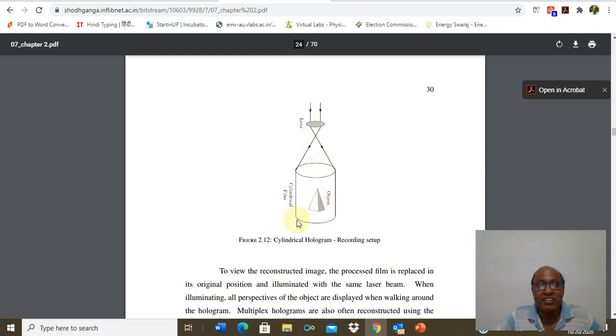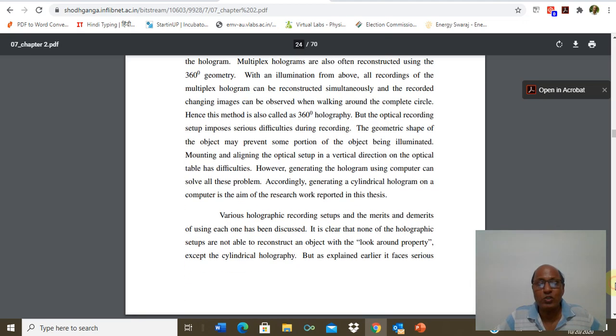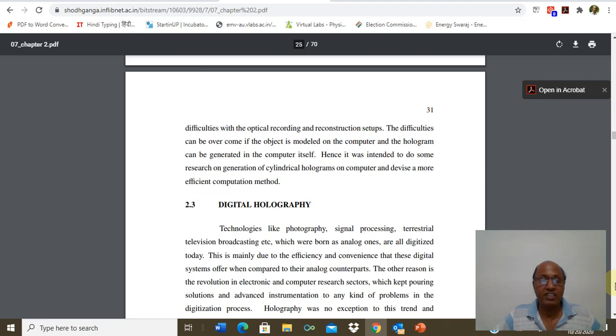Now what happens is that this recording plate records all the information, the interference pattern, because of the light coming from a distant source through the lens. It strikes the object here, then the scattered waves are collected here, and there is one light which is coming directly to this, both interfere and form the image. So this was all about classification.